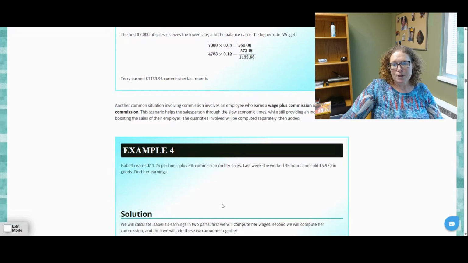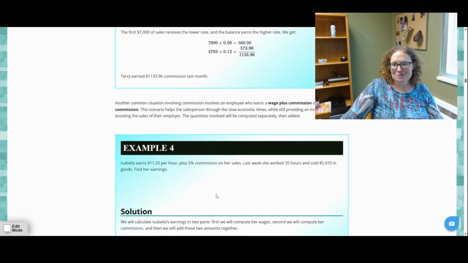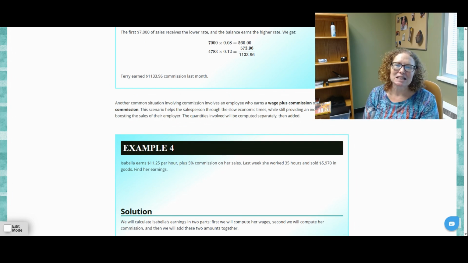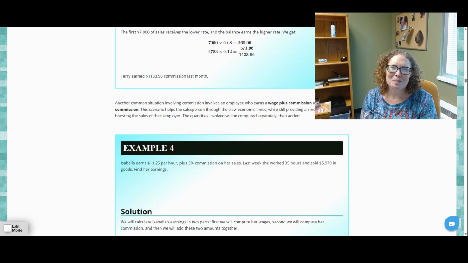So the next one is wage plus commission, or salary plus commission. Depending on the type of sales a person is in, or if it's slow, companies will incentivize salespeople by giving them a base rate too, until sales pick up, so they could keep them until they're making more money.